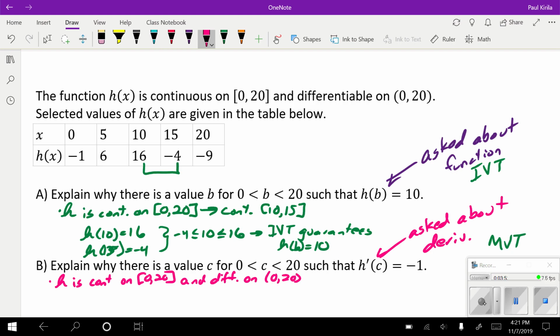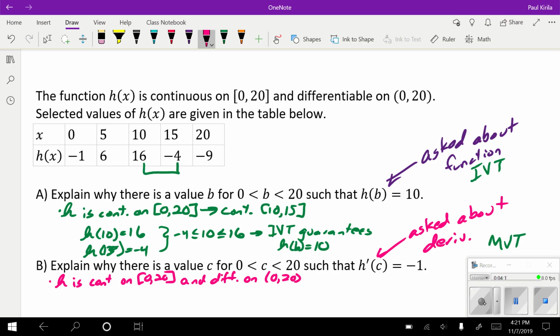But then I need to see, is there a slope of a secant in here that would give me a value of -1 so that the MVT would guarantee the derivative would have that. Well, if I go 0 to 20, that change in y would be -8 over 20. That's not going to equal -1.